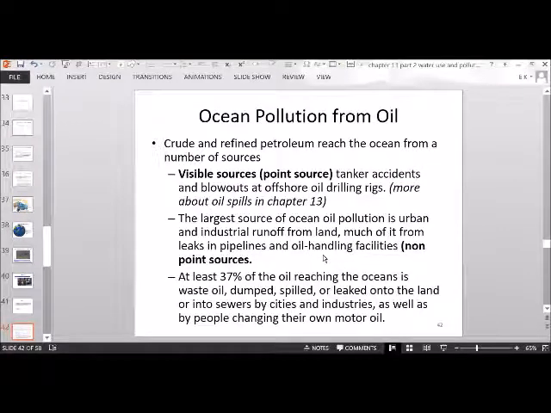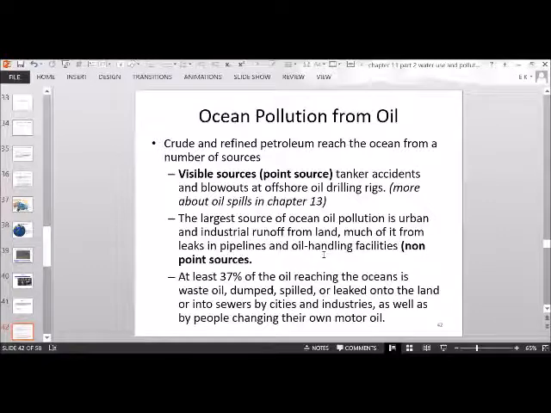Then we have ocean pollution from oil. Crude and refined petroleum reach the ocean from a number of sources. So we have point sources from oil tanker accidents and blowouts at offshore oil drilling rigs. We're going to talk more about that during chapter 13.